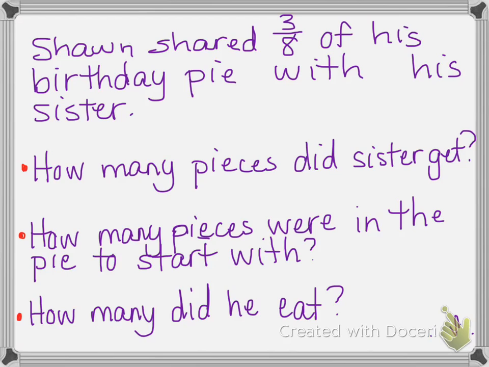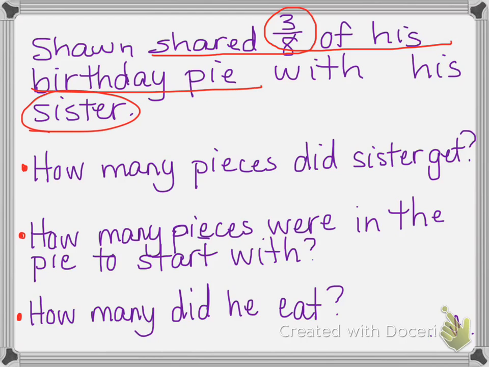So we have to gather the facts from our problem up top. He shared 3/8 of his birthday pie with who? His sister. How many pieces did sister get? Well, we know that the whole pie is made up of a certain number of equal pieces.